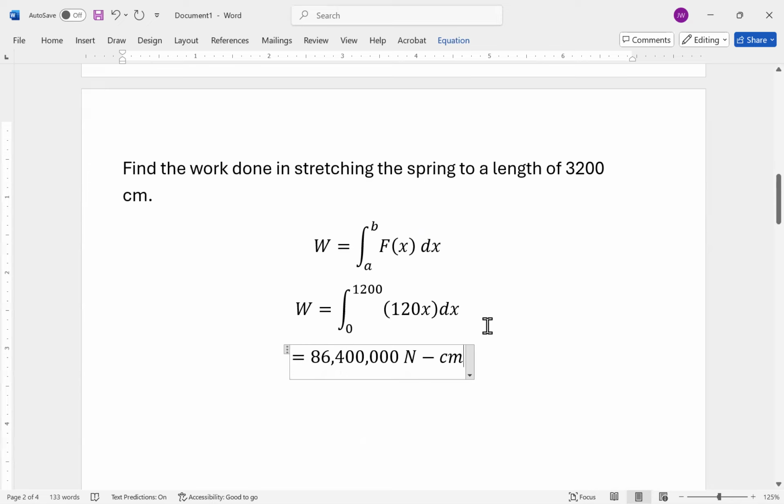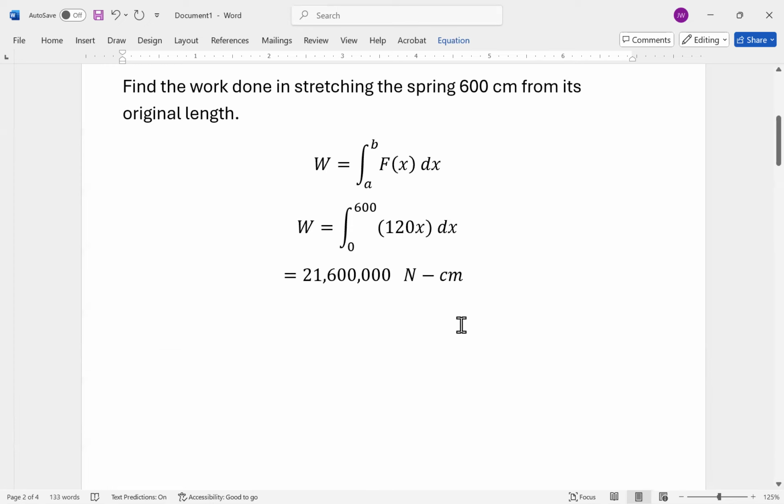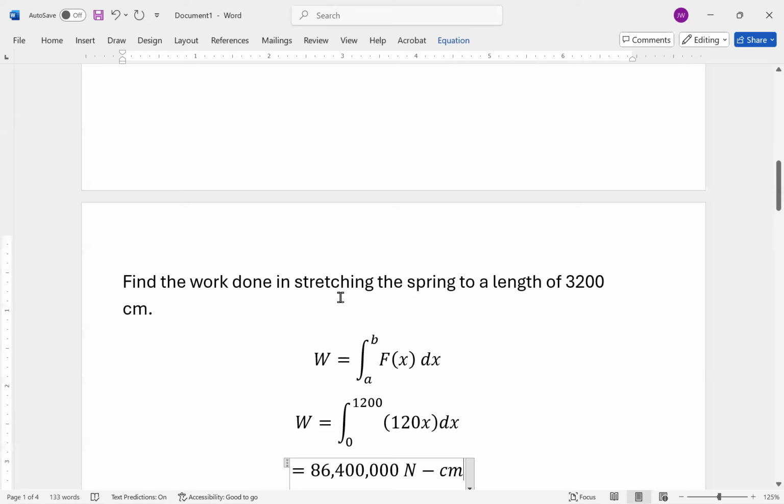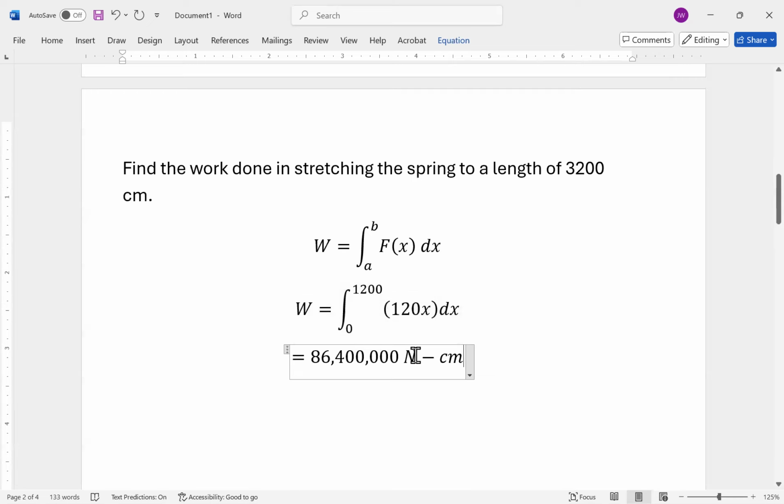So these are the numbers that we get: 21.6 million and 86.4 million Newton centimeters. That's the amount of work that you would have to do to stretch such a spring.